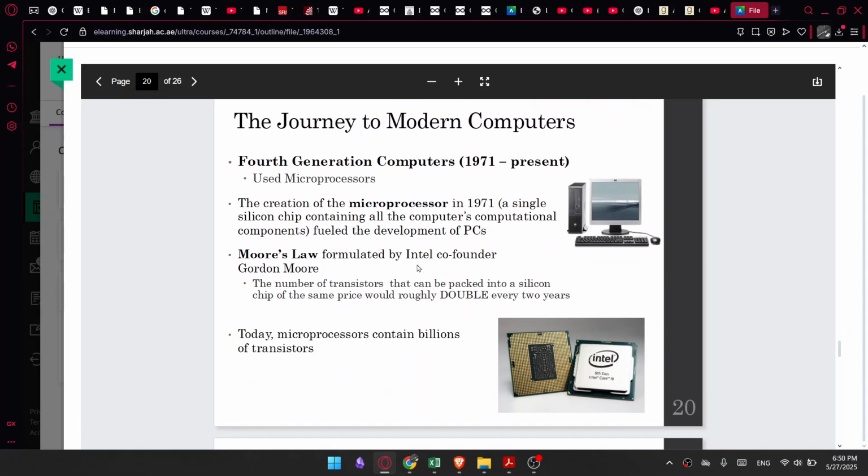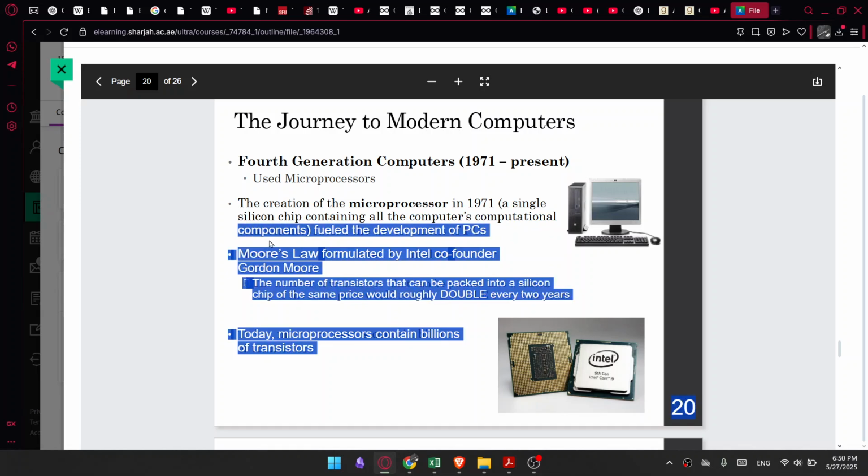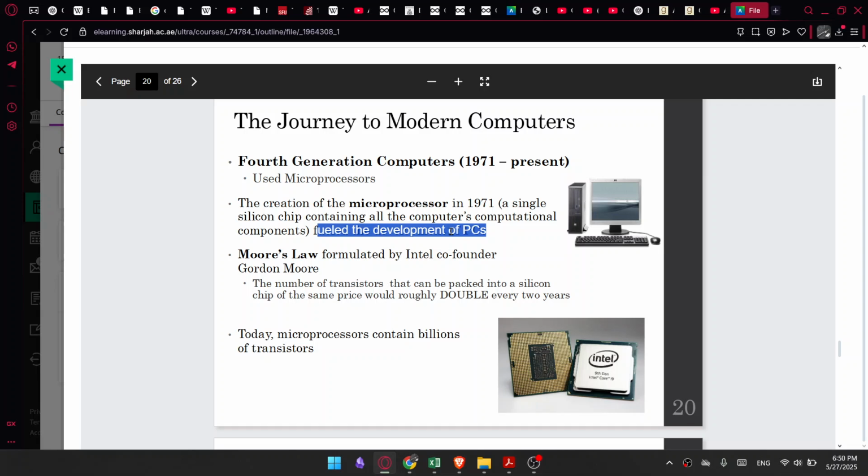Here we have the fourth generation computers, which start from 1971 until now and use microprocessors. The creation of the microprocessor in 1971, a single silicon chip containing all computational components, fueled the development of PCs.